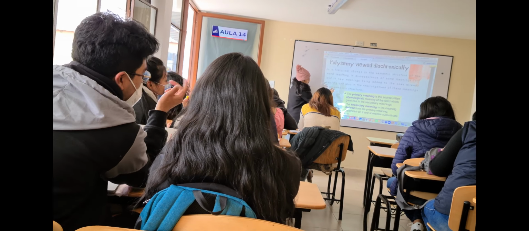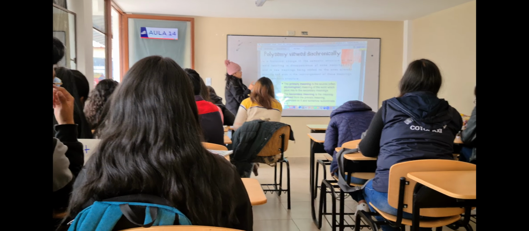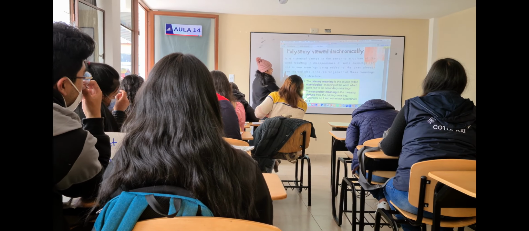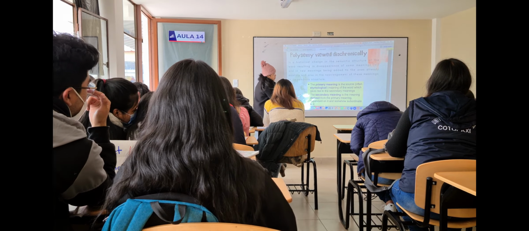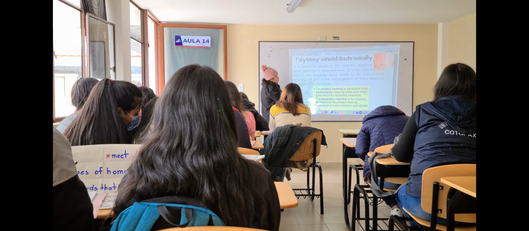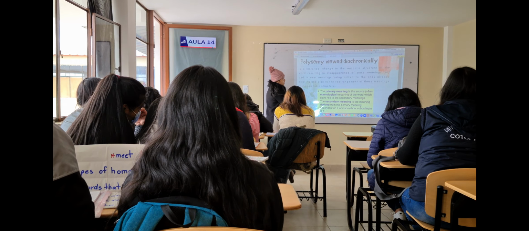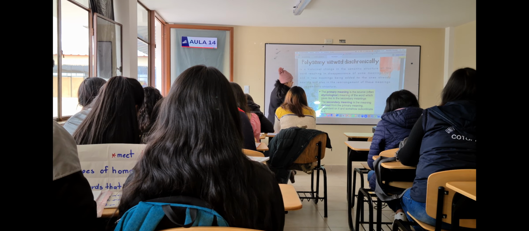In the chronic point, we have two specific characteristics: the primary meaning and the secondary meaning. The primary meaning is the source of the etymological meaning of the word, which gives rise to the secondary meanings.